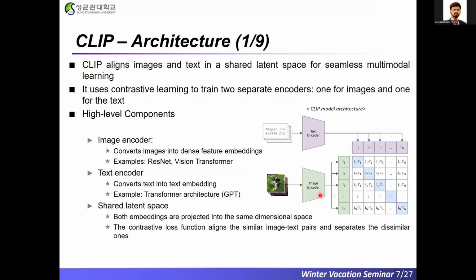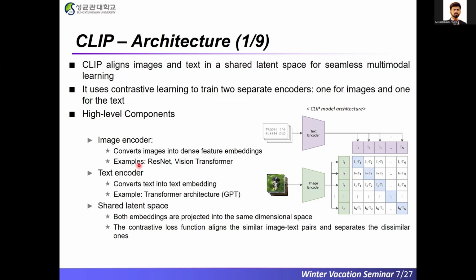The images are passed to the image encoder that forms an image embedding. The text is passed to the text encoder that forms textual embeddings T1, T2 until Tn. So the high-level components that we have are, first, the image encoder. It converts the images into dense feature embeddings as we have seen here.